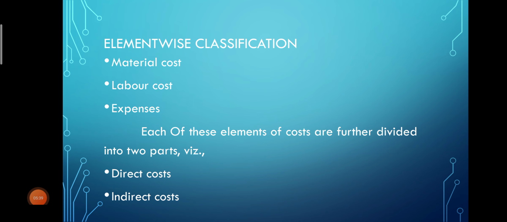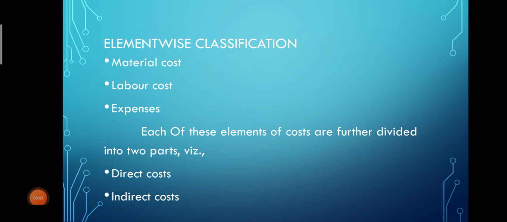Okay, also gum, nuts and bolts, and any oil if it is used. Such things will not be seen in the final product. So these expenses will be called indirect material cost. Okay, I think material cost is clear to you all.